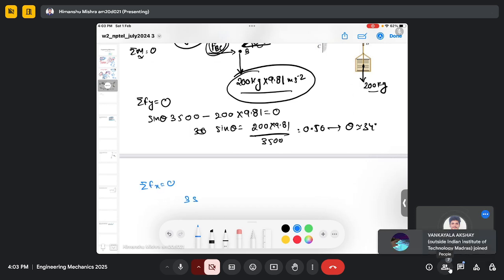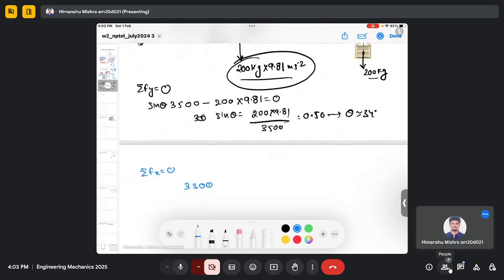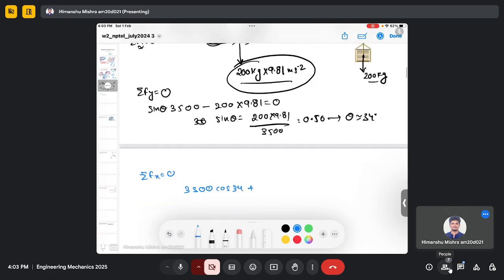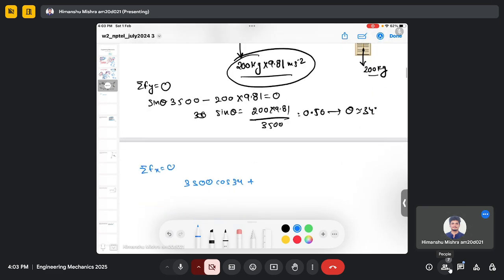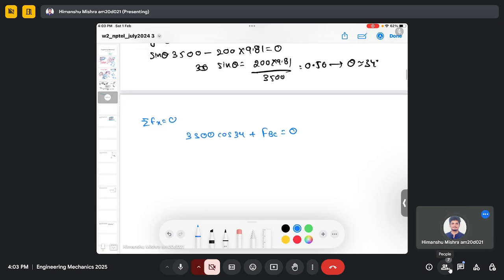So it is 3500 cos 34 plus FBC equals 0. Just to note, I am equating it to 0 because it's in the equilibrium condition.